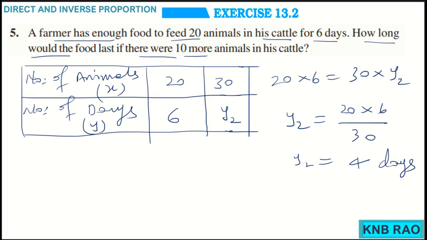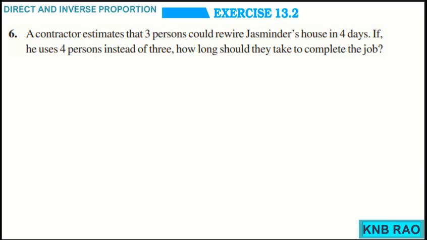Okay. Then coming to question number 6. A contractor estimates 3 persons could rewire Jasminder's house in 4 days. If he uses 4 persons instead of 3, how long should they take to complete the work?